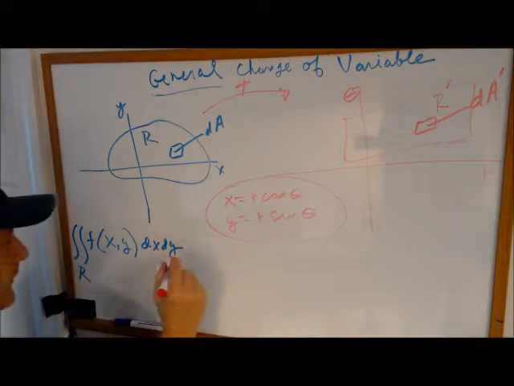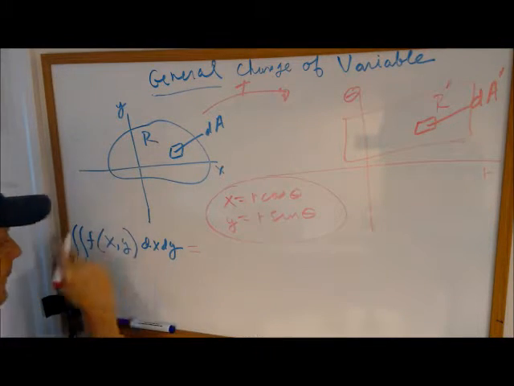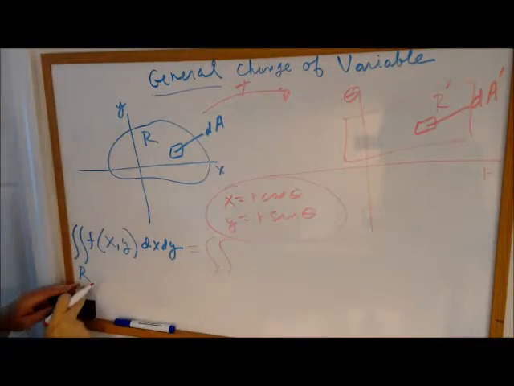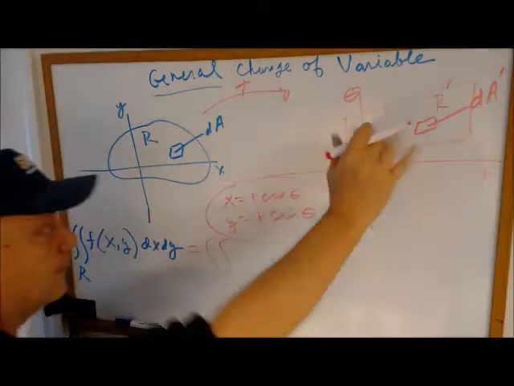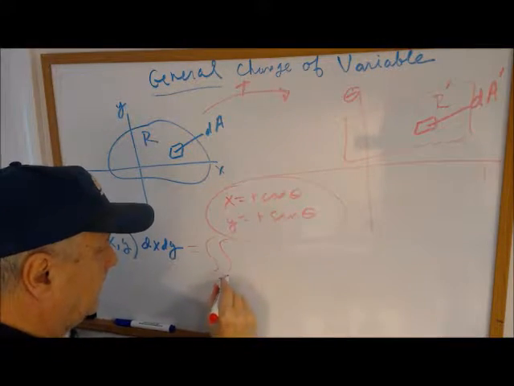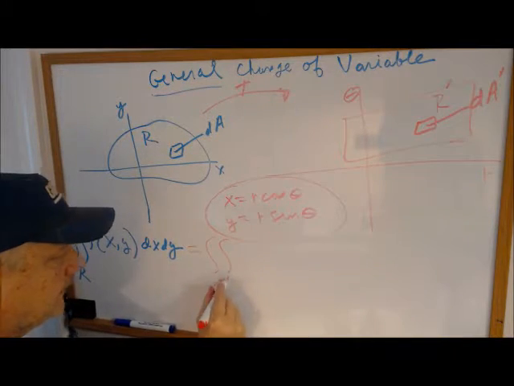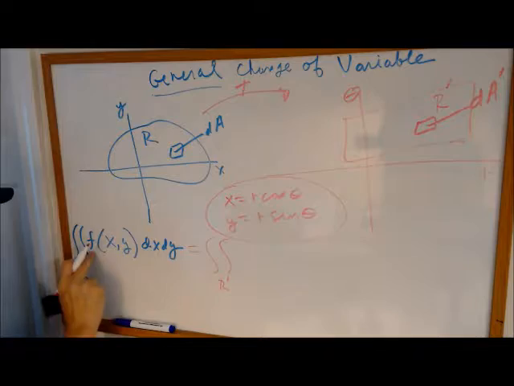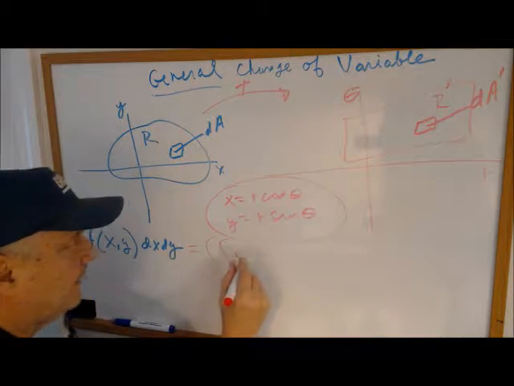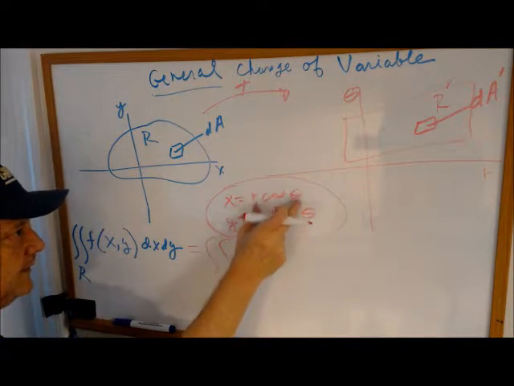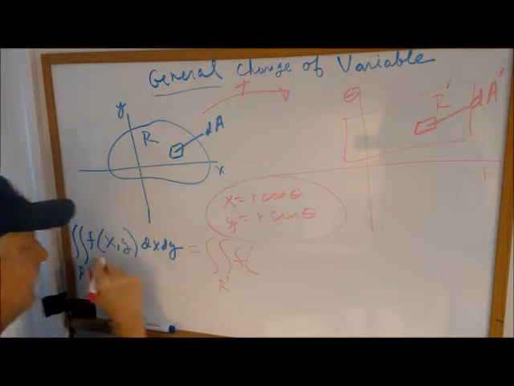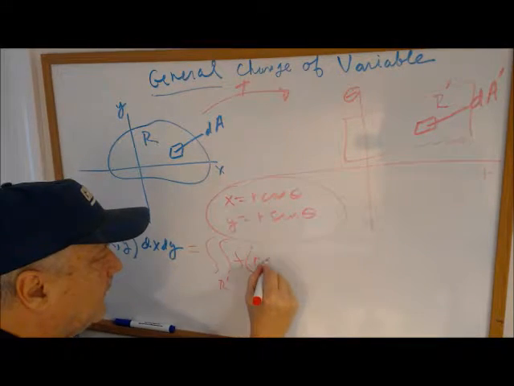So, what is this equal to? Well, we're still going to have the double integral, but now it's not over R, it's over R prime. Hopefully that's going to be simpler, so we can set up bounds that are simpler. The function's the same except that we're turning x into this and y into this. So now it's going to be a function of not x comma y, but r comma theta.